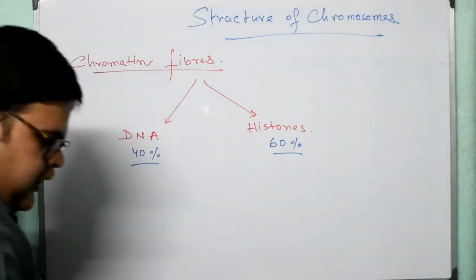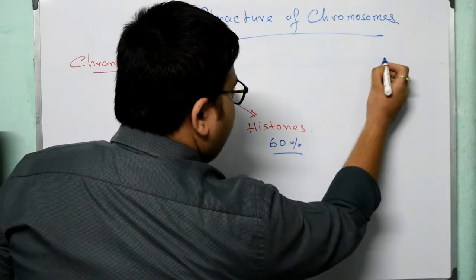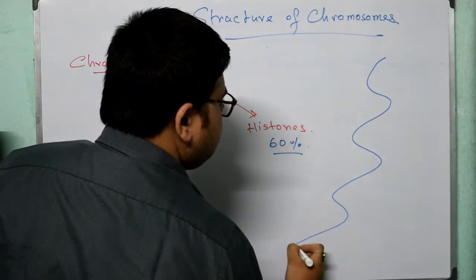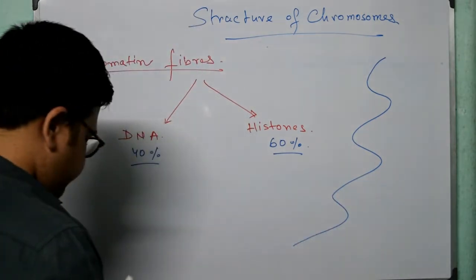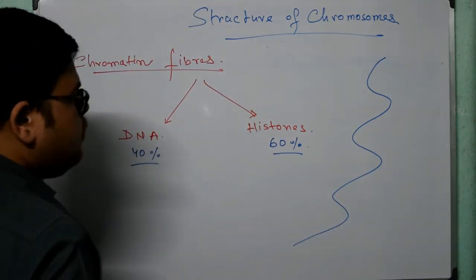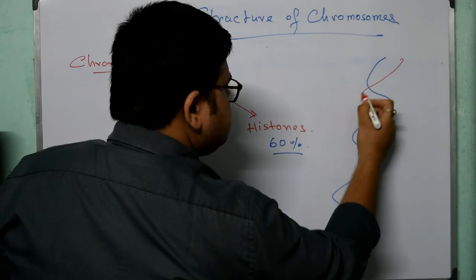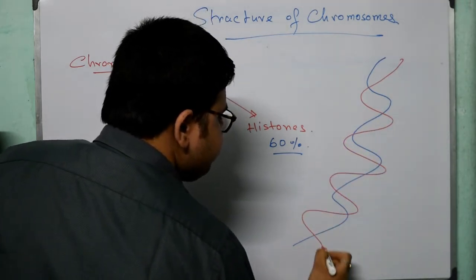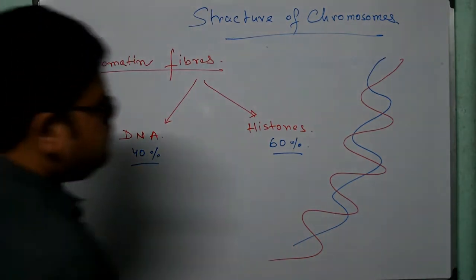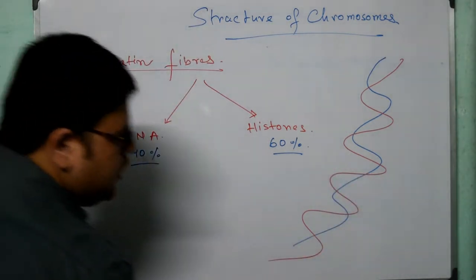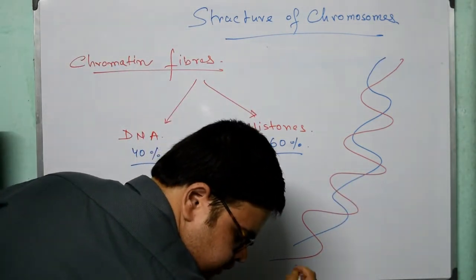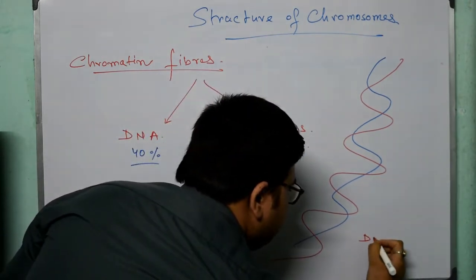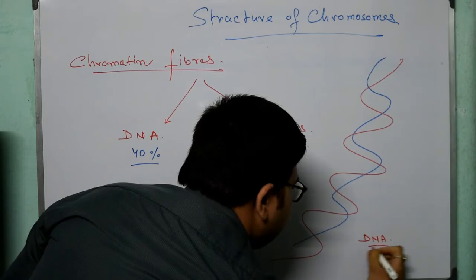You will see over there, it is a double helical structure. So this we can call a schematic diagram of the helical structure of DNA. Let me quickly write here, DNA.